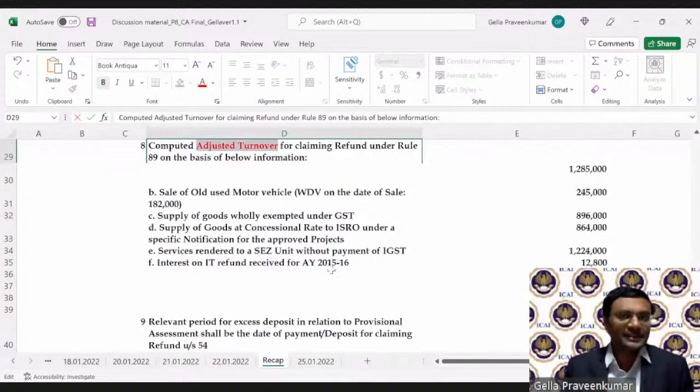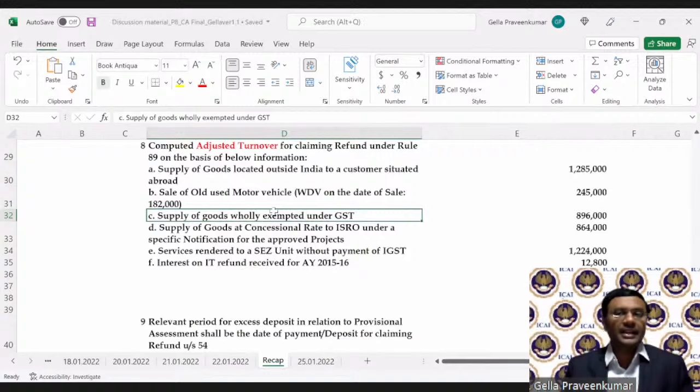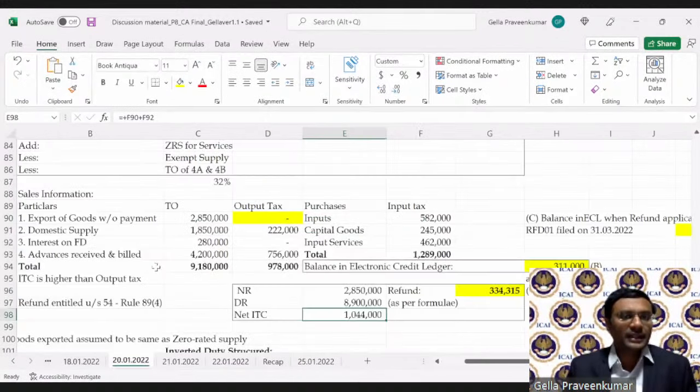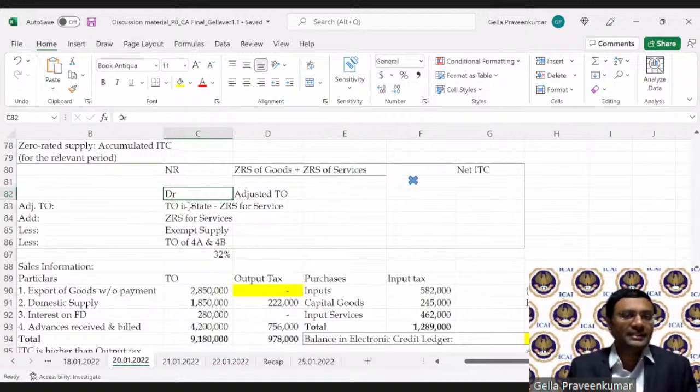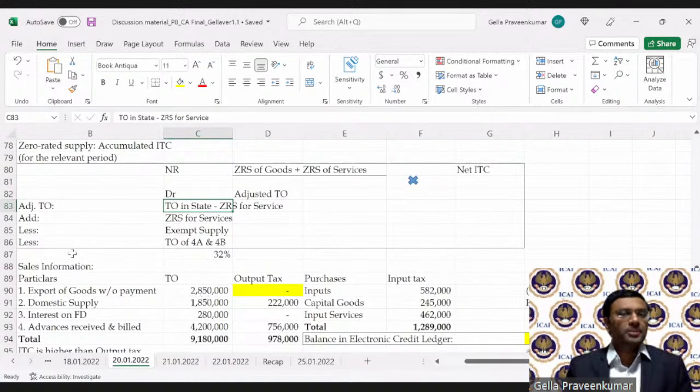I'll give you 2 minutes. Right or wrong, make an attempt and give your answer. For other students who have missed out on this refund, please look at this formula. Adjusted turnover is a turnover in the state which excludes the value of zero rated supply of services, and also excludes your exempt supply.